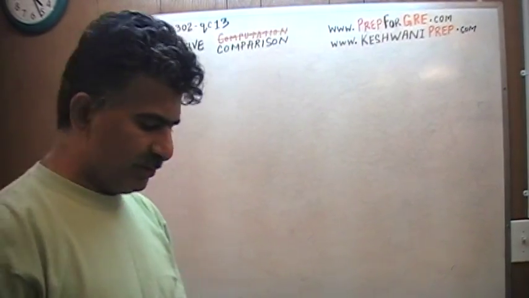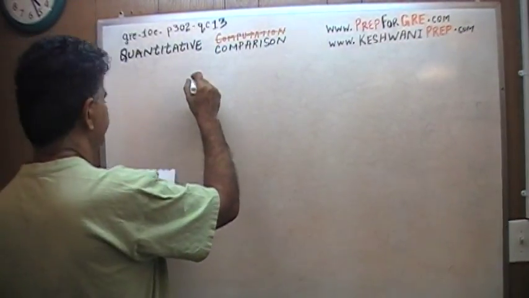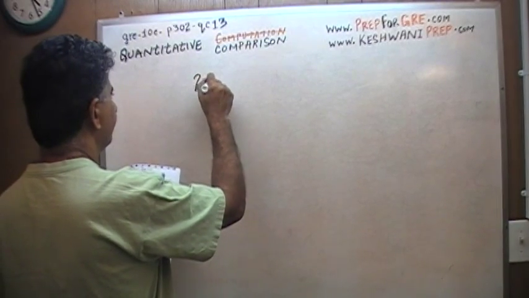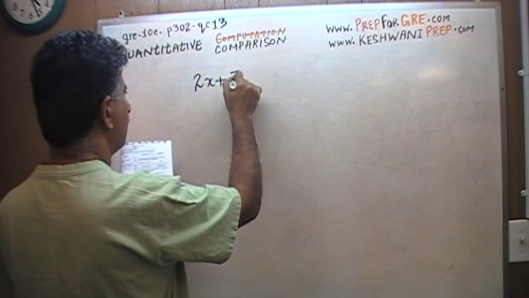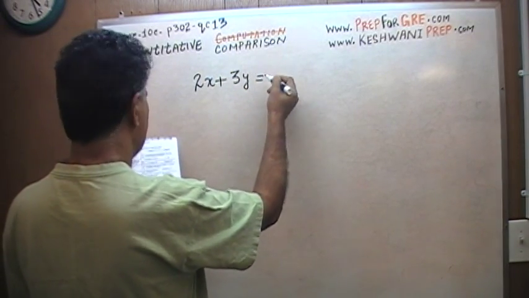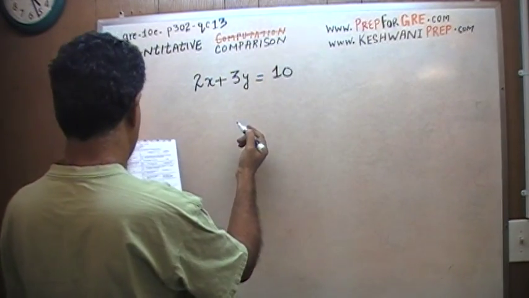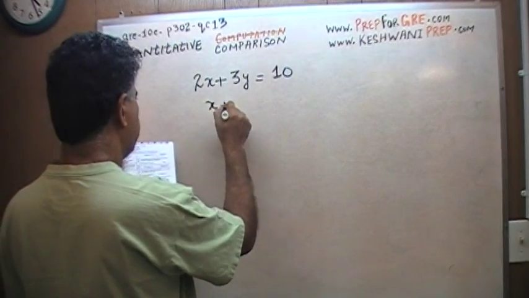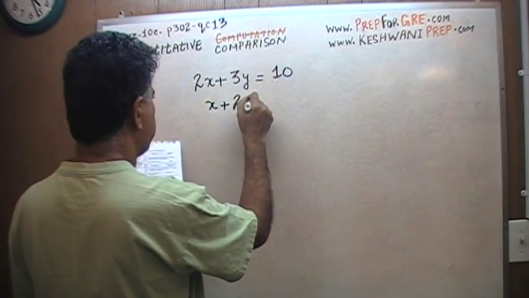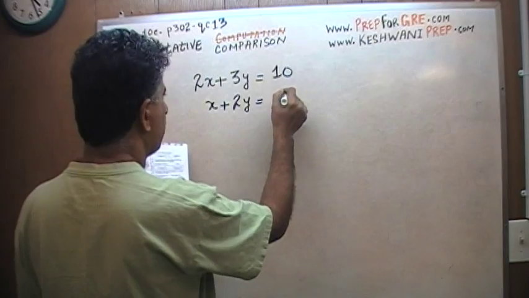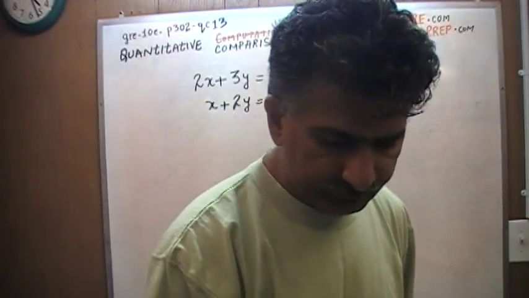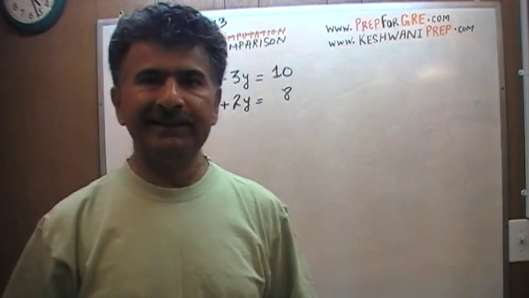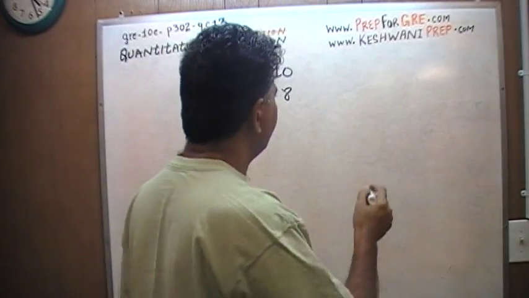We are given two equations. When you have two equations that we are required to solve at the same time, they are referred to as simultaneous equations.